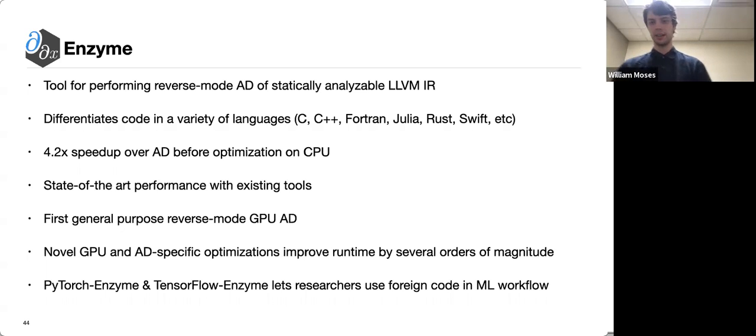So Neil asks, what plans for the future do I see for Enzyme? There's a couple of different pieces that we're currently working on. I mentioned GPU AD. We've also recently done work to get generic CPU parallel AD. We've integrated with OpenMP and MPI, and this enables us to work on any higher level tools that are built out of that, such as Kokkos or RAJA.